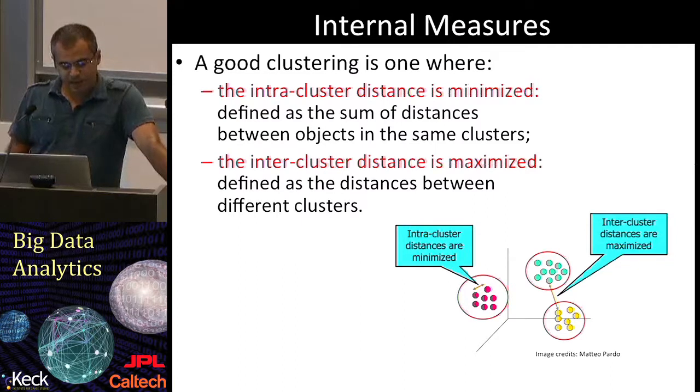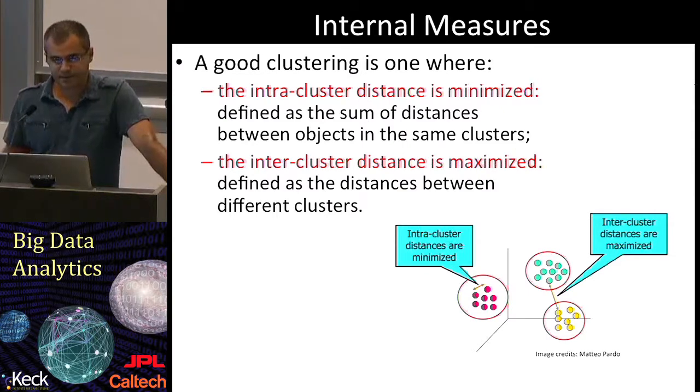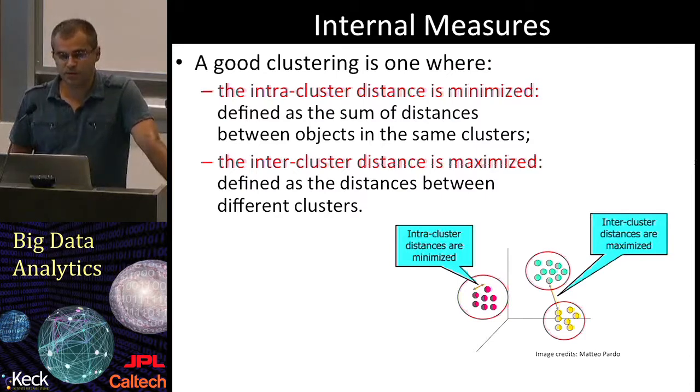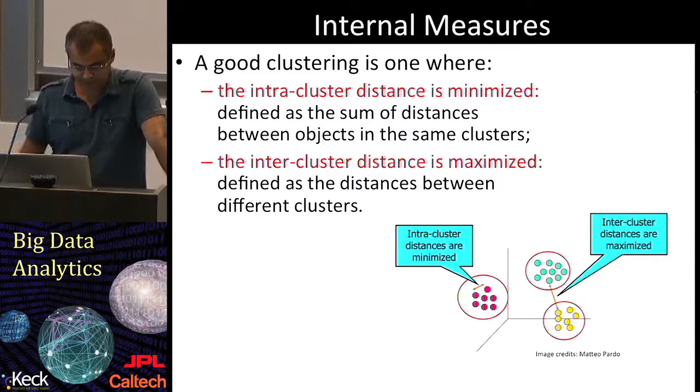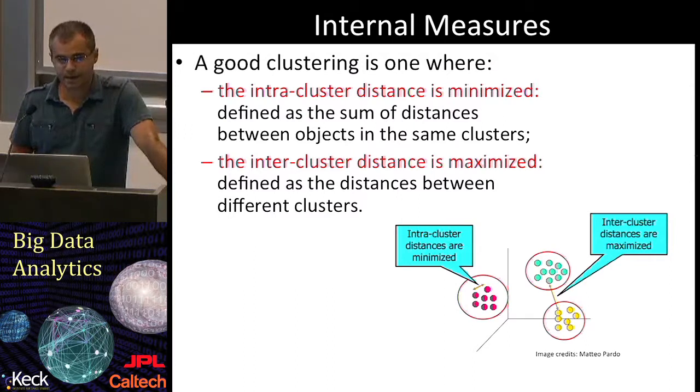Now, typical objective functions in clustering aim to obtain a low intra-cluster distance and a high inter-cluster distance. So we want all the points in a cluster close together and the clusters as distant as possible. Now, we'll see some of these distances later when we talk about hierarchical clustering, because they are also used to merge clusters.